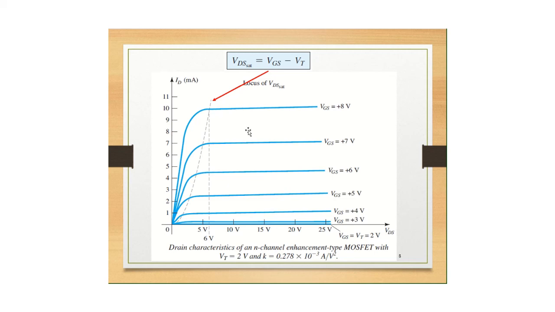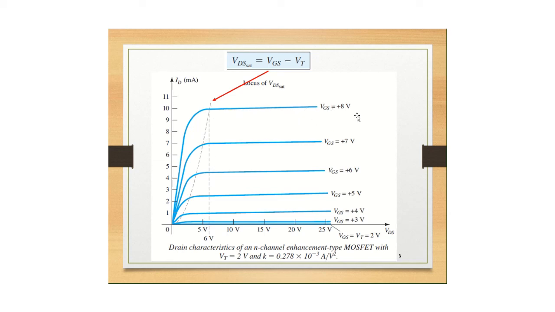All right. Now from the graph, you might be able to understand the drain characteristics as shown in the figure. They reveal that for the device with VGS equal to 8 volts, the saturation has occurred at VDS equal to 6 volts. Saturation means where your drain current starts remaining constant, right?